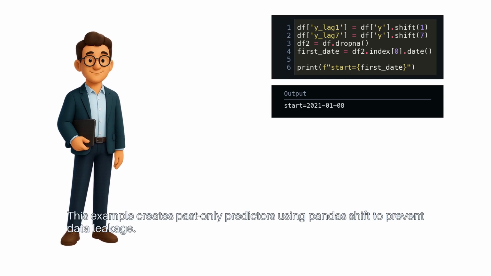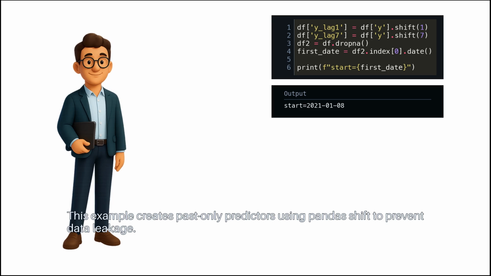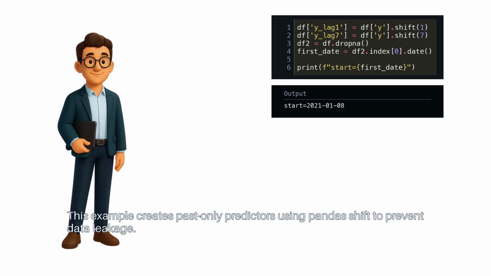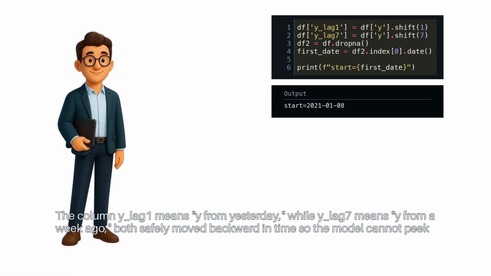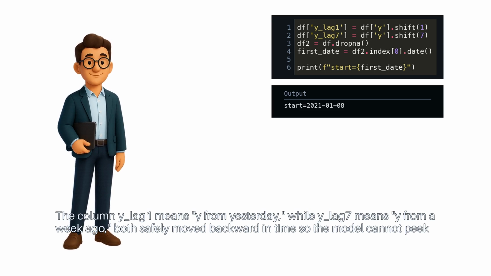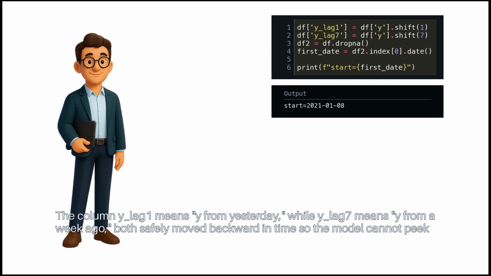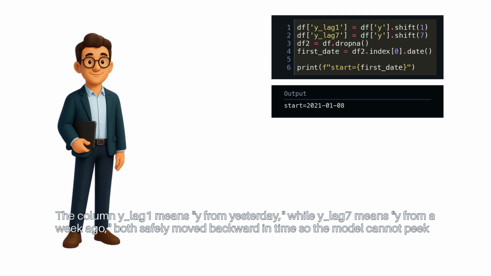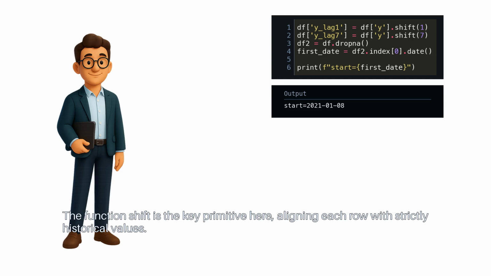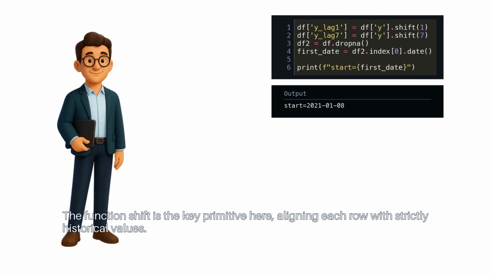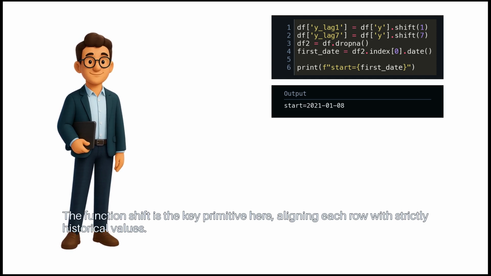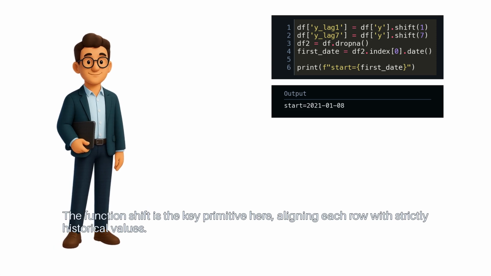This example creates past-only predictors using pandas shift to prevent data leakage. The column yLag1 means y from yesterday, while yLag7 means y from a week ago. Both are safely moved backward in time, so the model cannot peek ahead. The function shift is the key primitive here, aligning each row with strictly historical values.